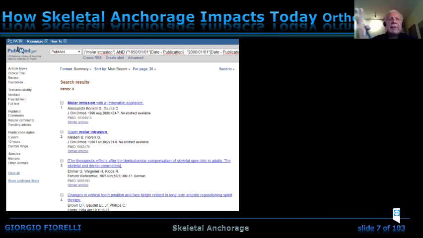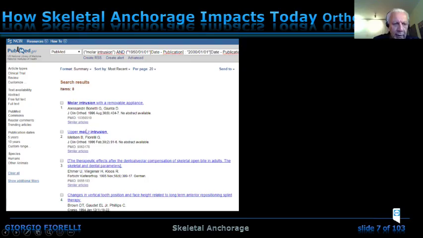And I've seen a complete change in our perspectives. I give you an example: molar intrusion before the year 2000 and after the year 2000. This was a search with the term molar intrusion before the year 2000, and there were 8 results.